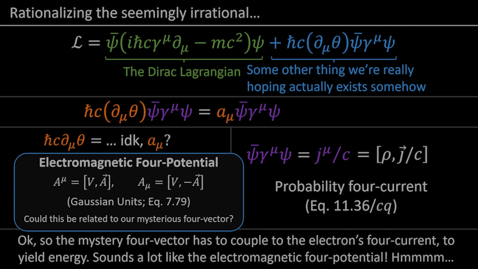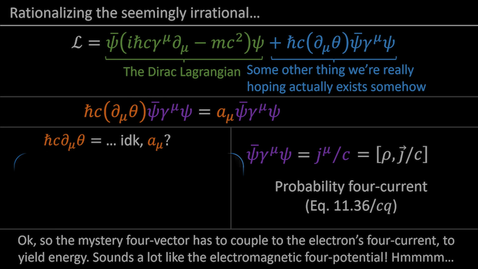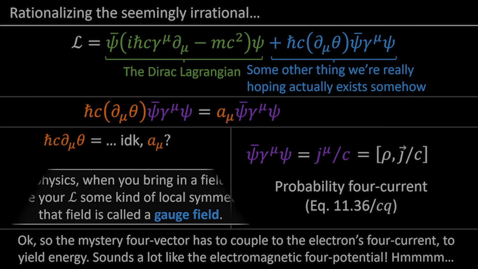And that's good because that means that maybe we can ascribe a physical meaning to this. But I don't want to import any expectations or intuitions or assumptions about the electromagnetic four-potential. For now, we're just going to regard this orange term as some kind of four-vector, and we're not going to impose any constraints on it other than that it has to be real, and we're assuming that it's real and we're going to predict its properties and see if they map onto reality.